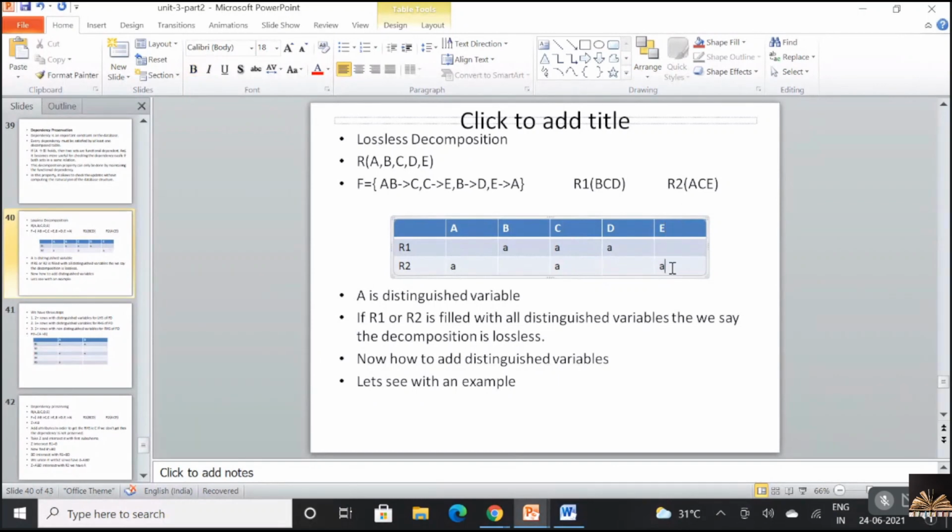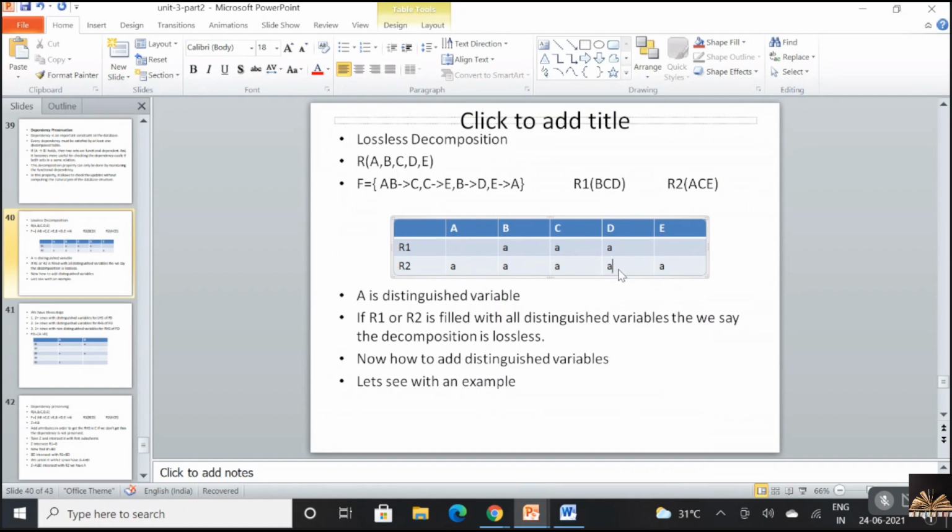Now, I say this particular decomposition is lossless when I should be able to have at least one row with all a's.